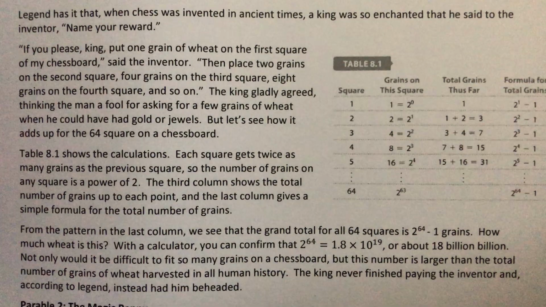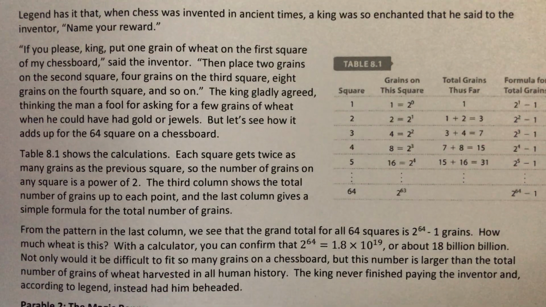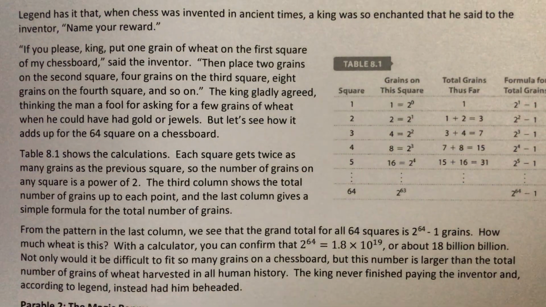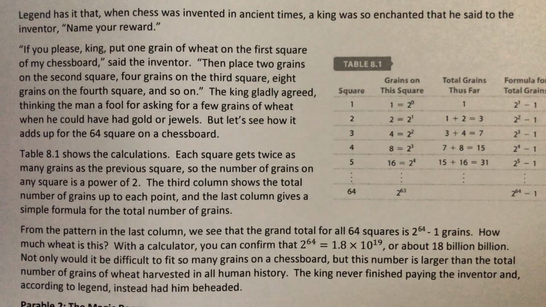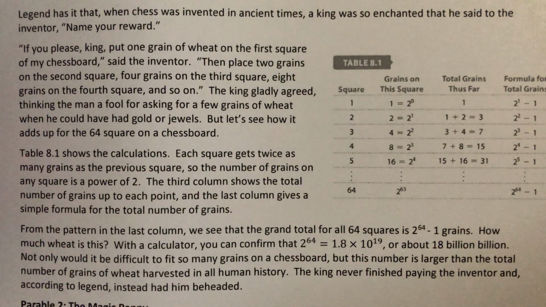So the inventor says, I want 1 grain of wheat on the first square of the chessboard, 2 grains of wheat on the second, 4 on the third, 8 on the fourth, so on and so forth. And the king agreed, thinking, hey, it's going to be an easy payoff. Much like our Foxtrot student, thinking that 1 second of homework, 2 seconds of homework, 4 seconds of homework may or may not be that big a deal.